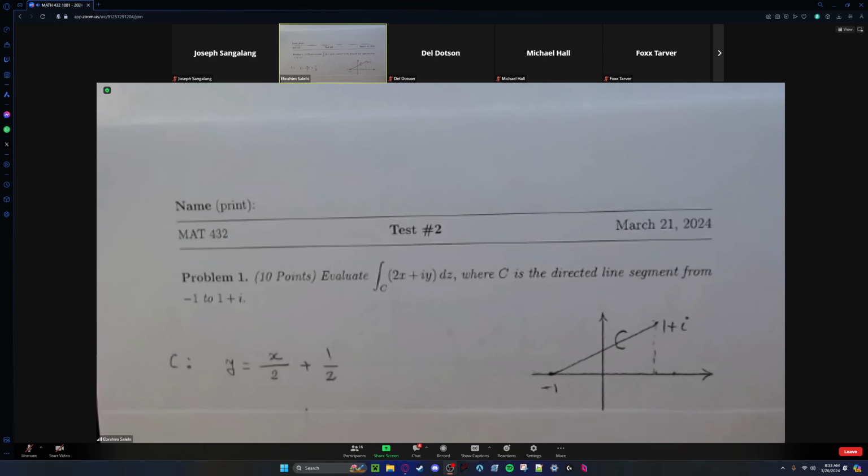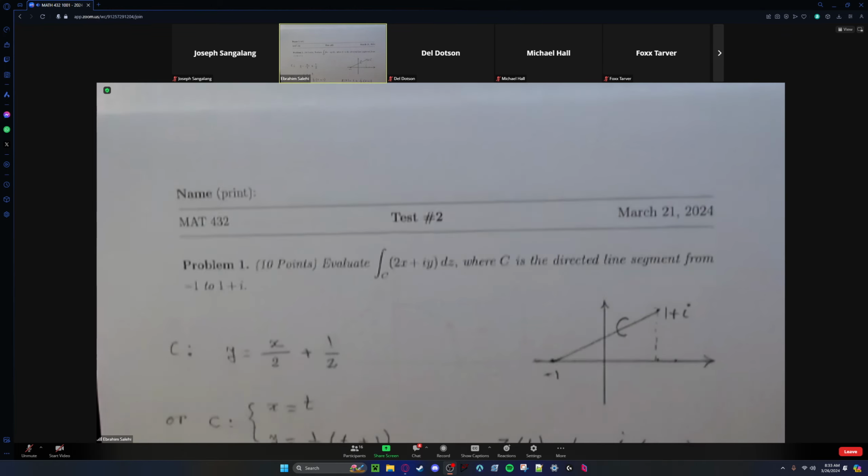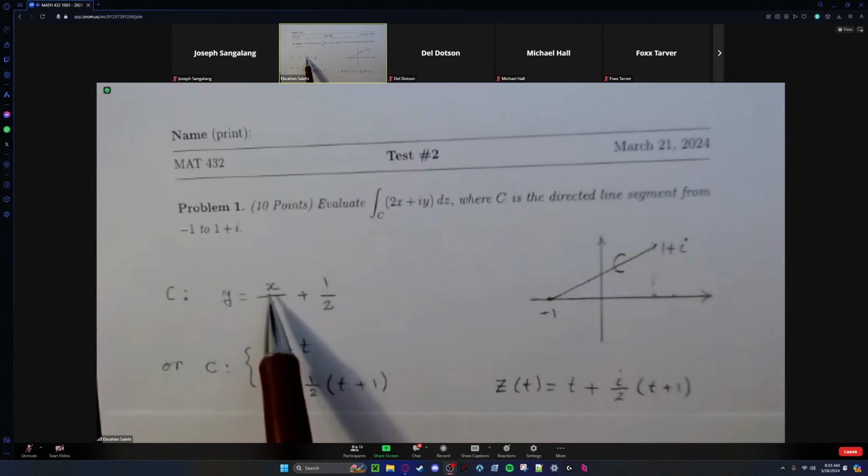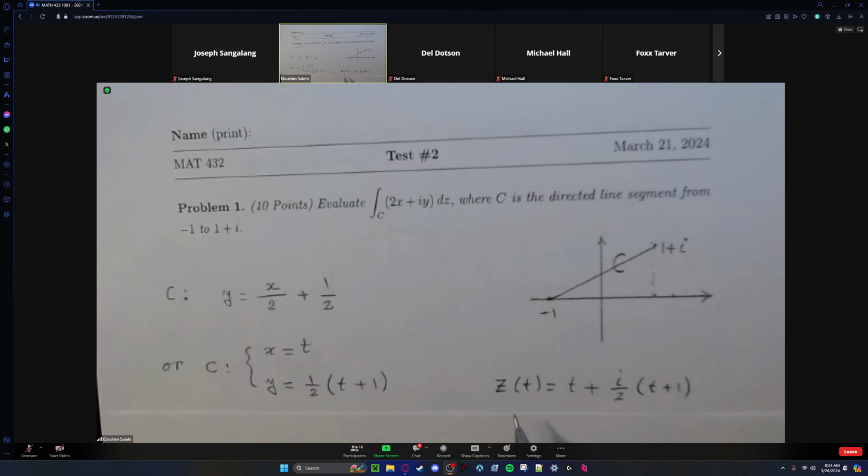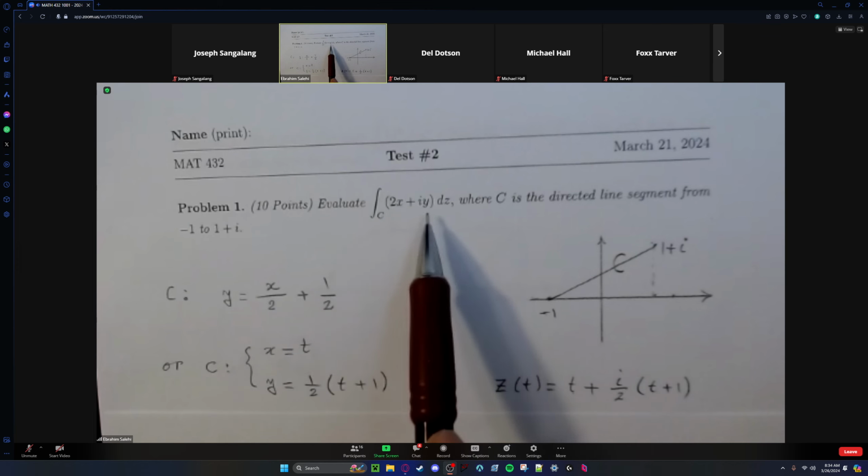Now, as soon as you have equation of the line, you can say, okay, look, if x is t, y will be t over 2 plus 1 over 2. Or z of t, well, we usually write equation of the curve in complex in this fashion. This is x, i, y. Now, remember, x is t and y is this. So you replace these in the integrand.